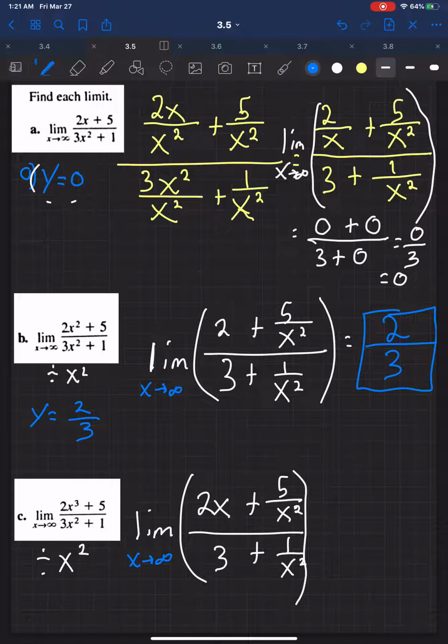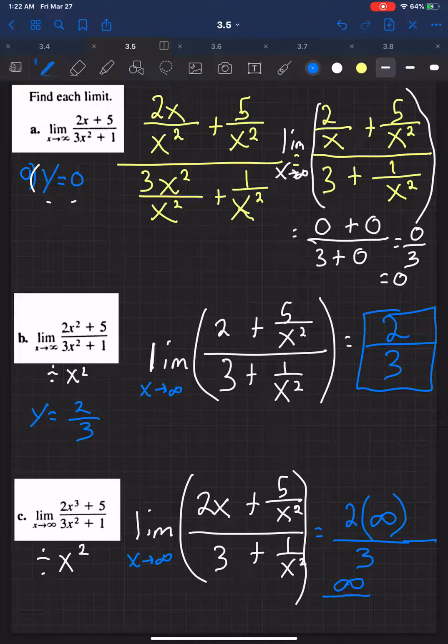Finally, we start going to infinity here. So, all right, with me, I end up with 2. Now, on this stage, 2 times infinity, I still have an infinity symbol here. Now, 5 over infinity, that zeroes out. 1 over infinity zeroes out. I end up with 2 times infinity over 3, or what?